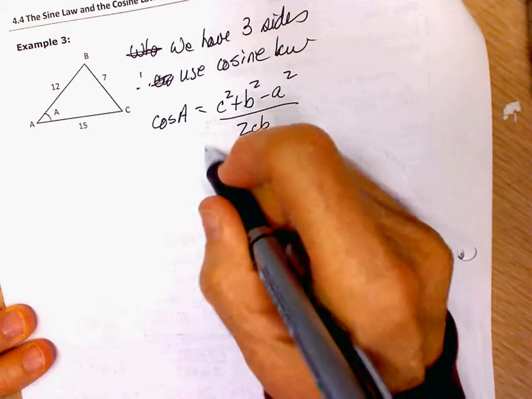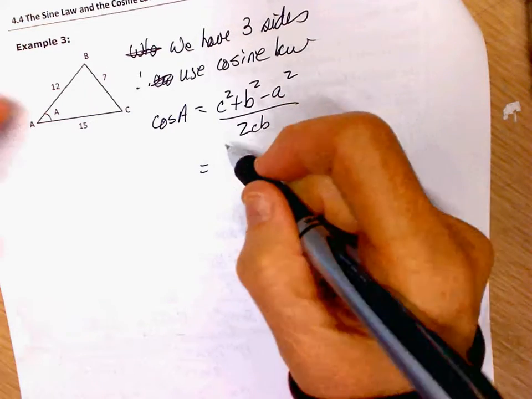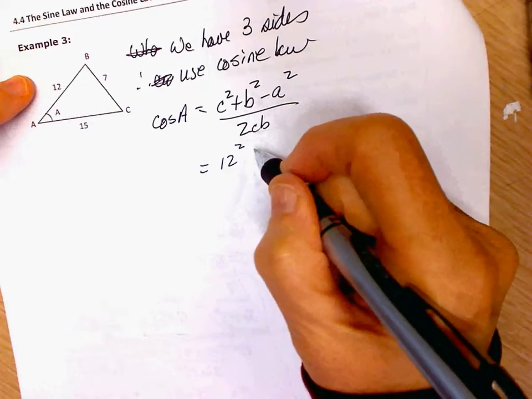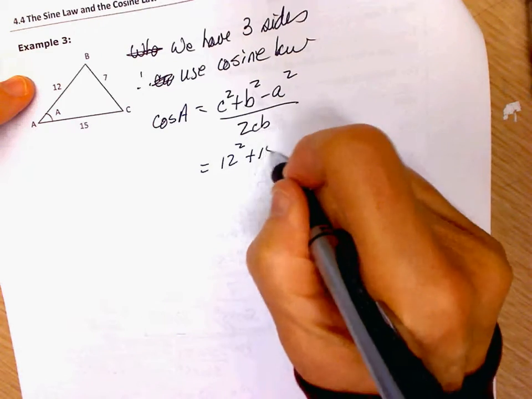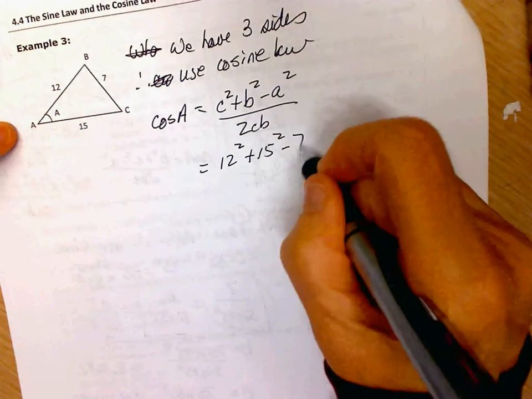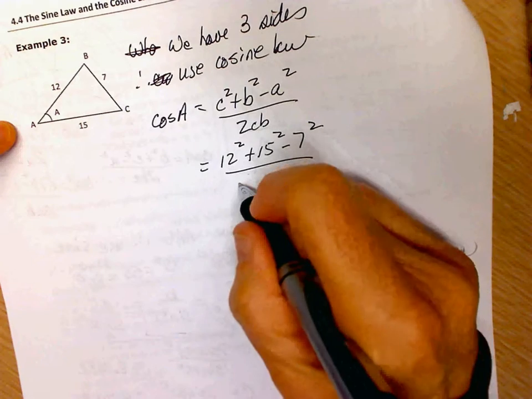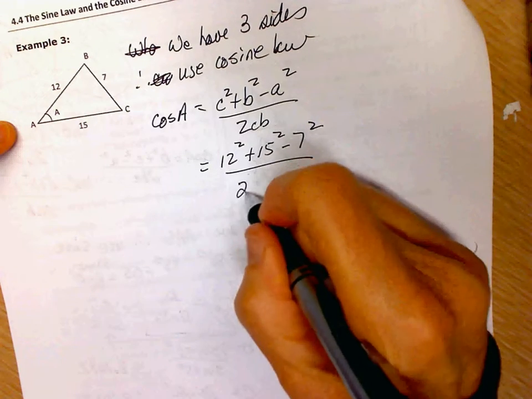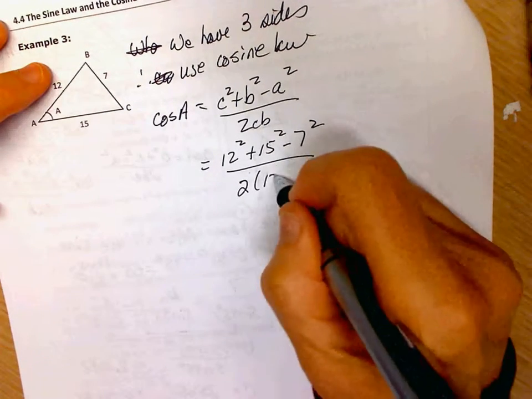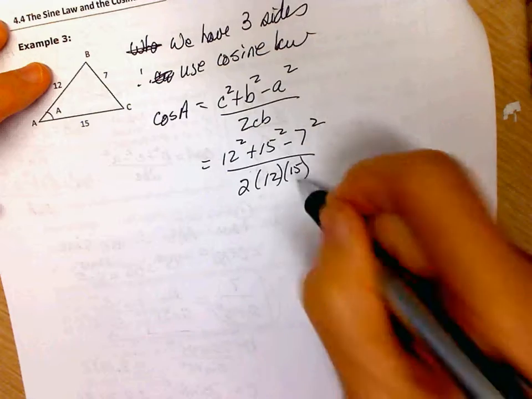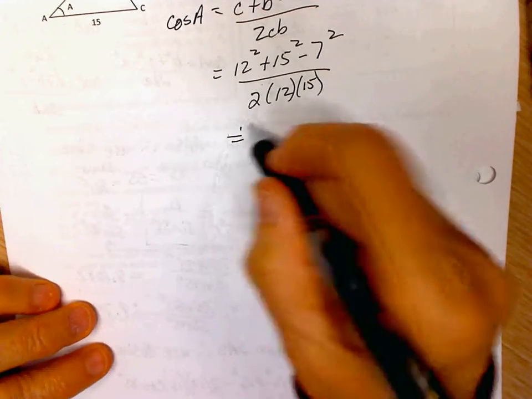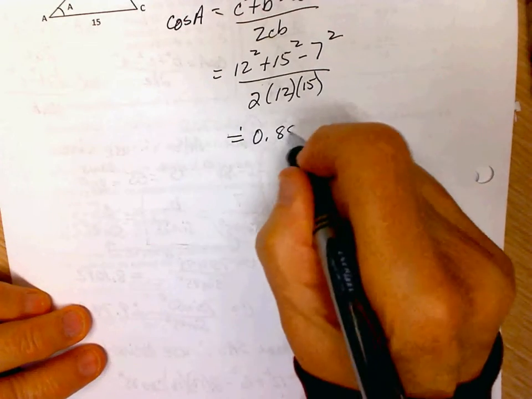And that is equal to 12 squared plus 15 squared minus 7 squared over 2 times c, which is 12, times 15. And that is approximately 0.8888 repeat, okay?